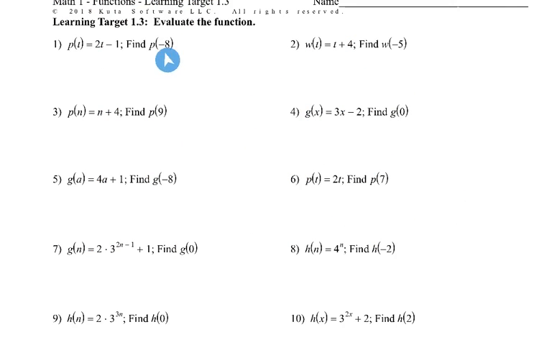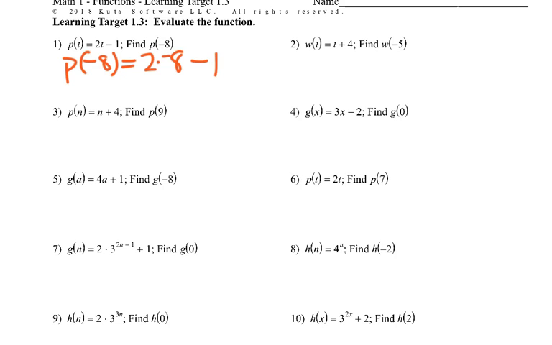So if I look at this, p of t equals 2t minus 1. I've got p of negative 8 here. So what I do is I replace the t's with negative 8. So I go p of negative 8 equals 2, and it's 2t, which remember that means multiply. So it's 2 times negative 8 minus 1.